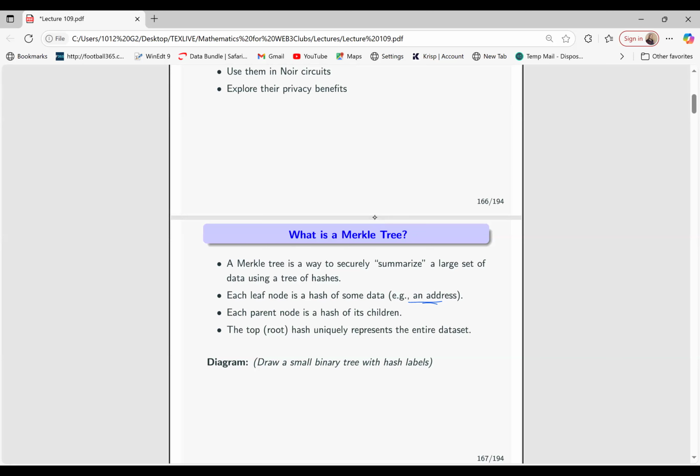So we have this tree, and the tree has the leaves. Now we don't want to reveal the other leaves. We're interested in this one leaf, and we want to show that it's part of this data set without revealing the other elements of the set, and so on. It could just be an address and so on.